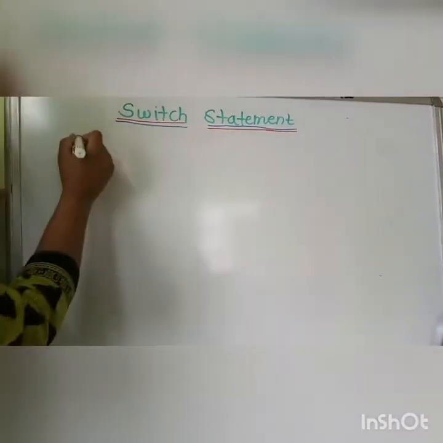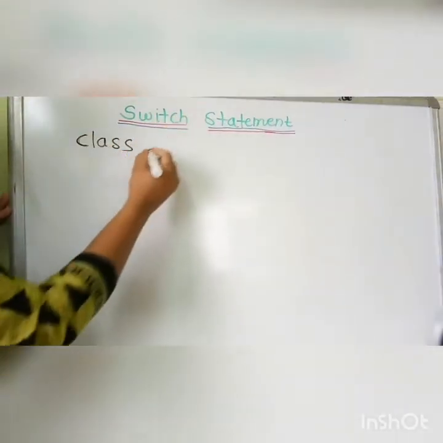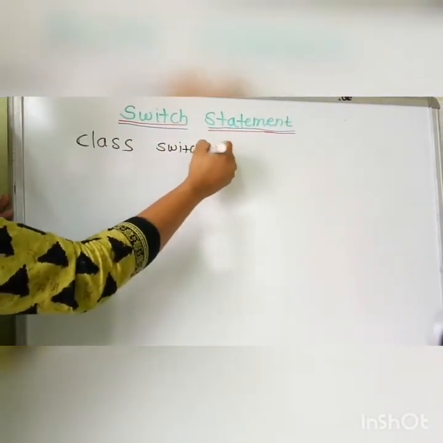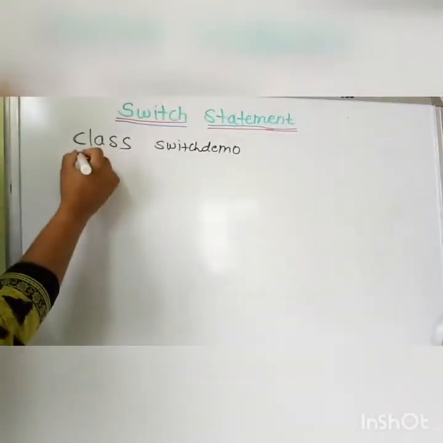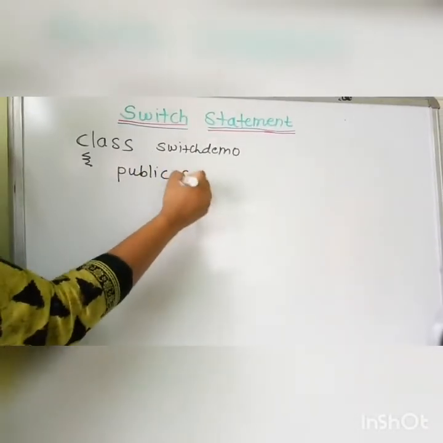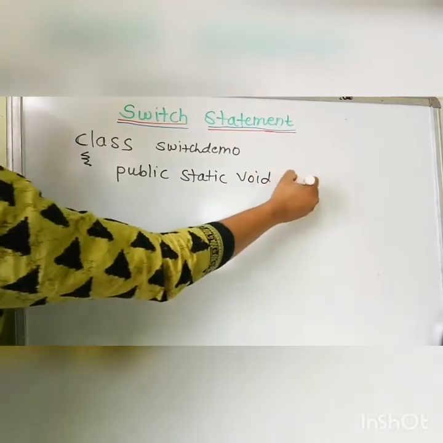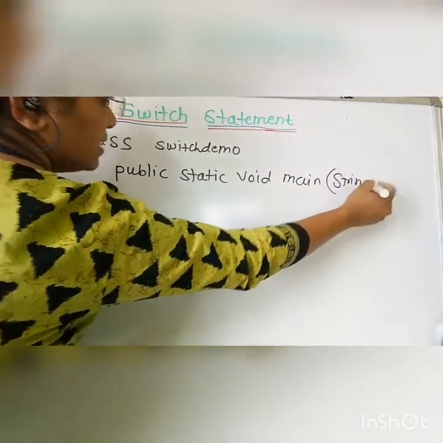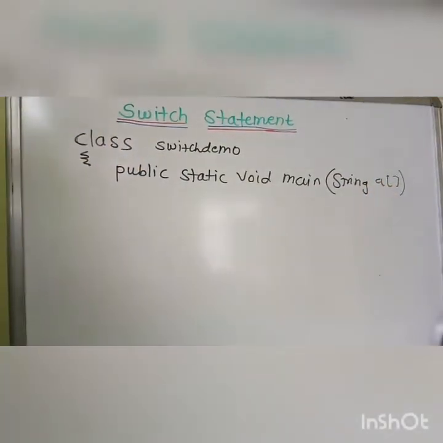So we will start with the class keyword and give it a meaningful name like SwitchDemo. Then in the main section, we write public static void main, and in brackets it will accept the parameter String args.